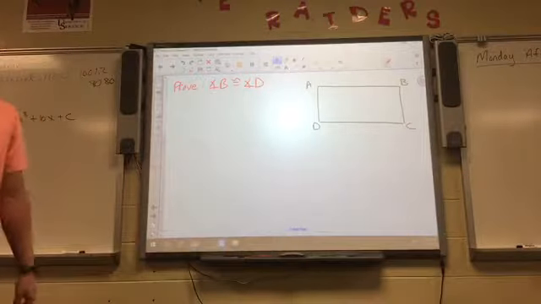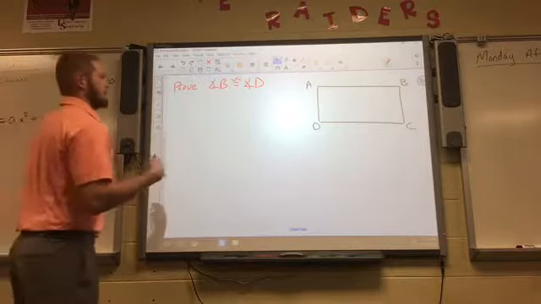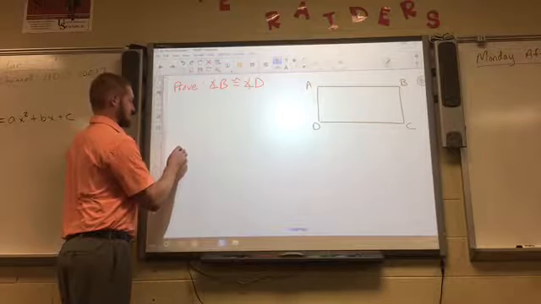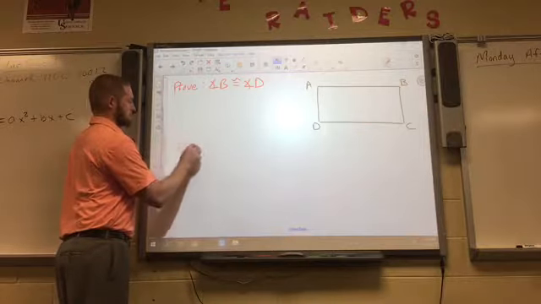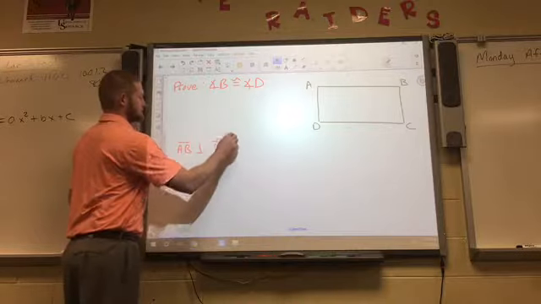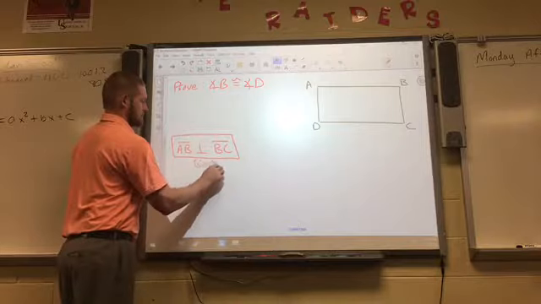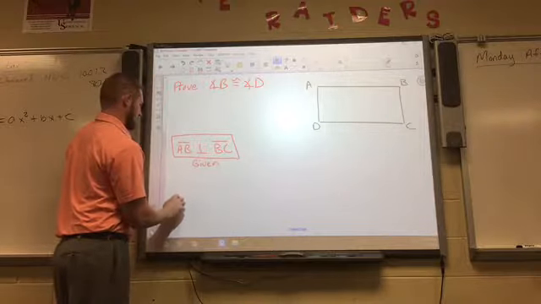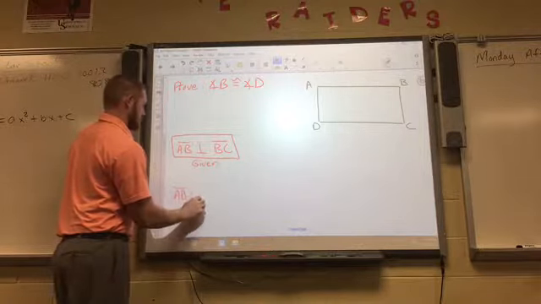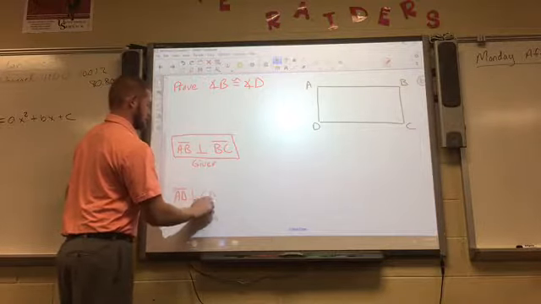And they give us that segment AB is perpendicular to segment BC. That's a given. And they give us that segment AD is perpendicular to segment CD.